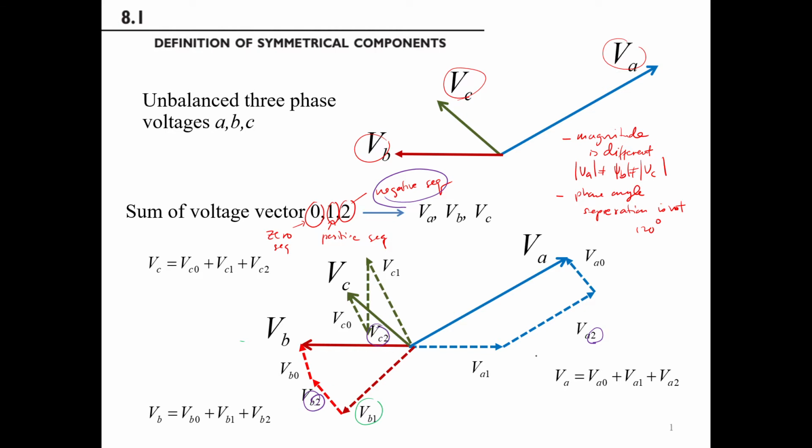If you see these three vectors, let me draw this vector here. You will see VC2 is pointing down here, and VA2 and VB2 are pointing in this direction.